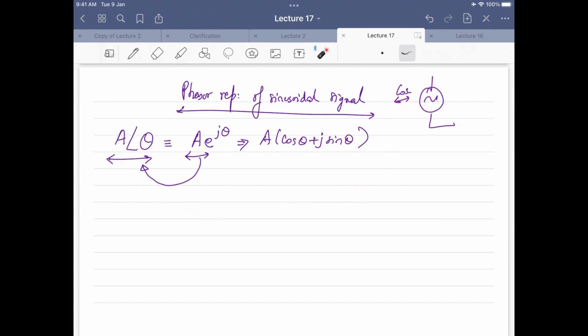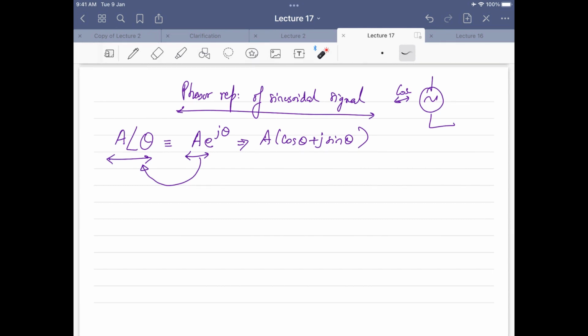Can anyone tell me? Sir, there is also a phase difference. No, phase difference is there, but basically that phase difference is not incorporated here in this particular thing. Sir, we can zero the imaginary part.